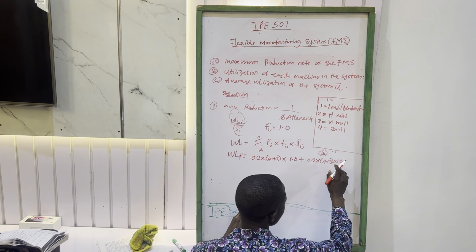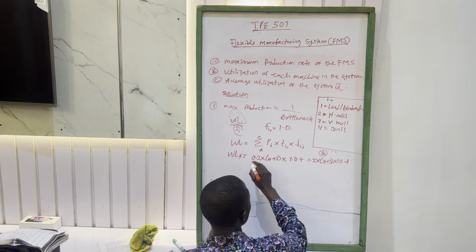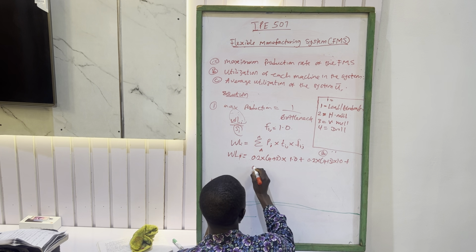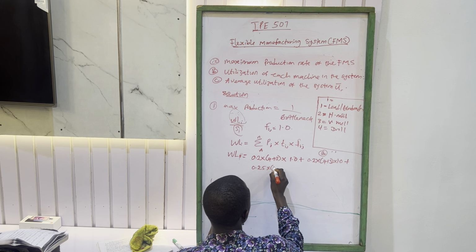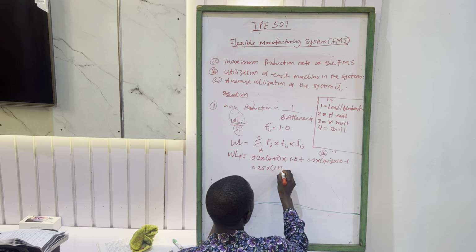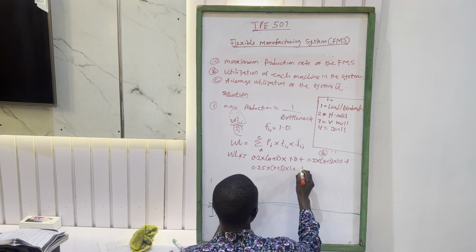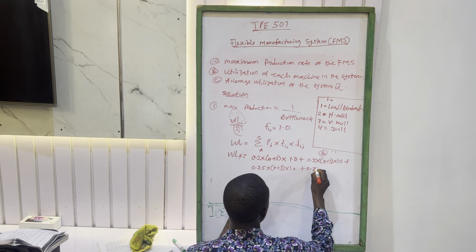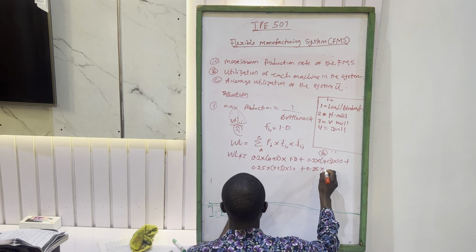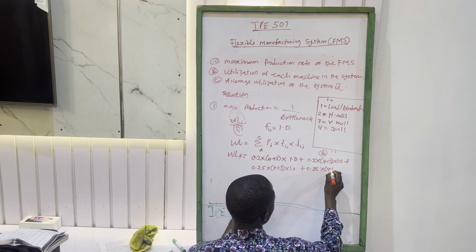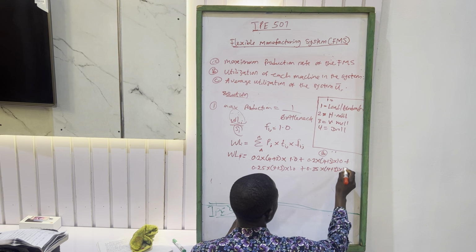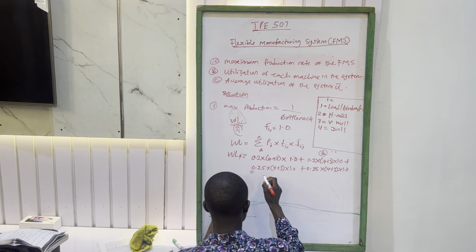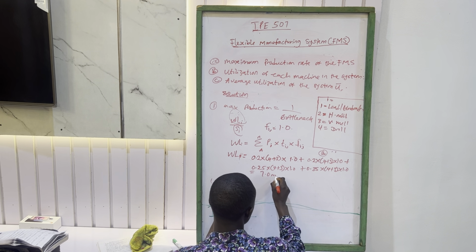Plus that of C, which is 0.25 times 4 plus 3 times 1.0, plus that of D, which is 0.35 times 4 plus 3 as well, times 1.0. If you sum everything together, it equals 7.0 minutes.